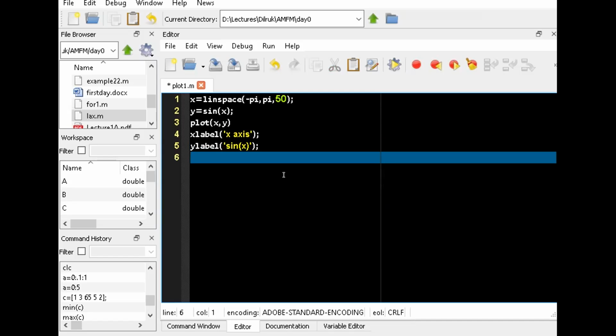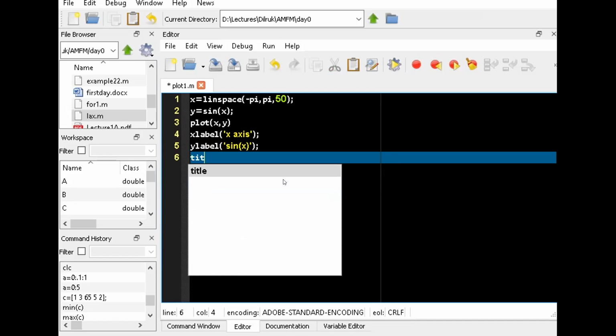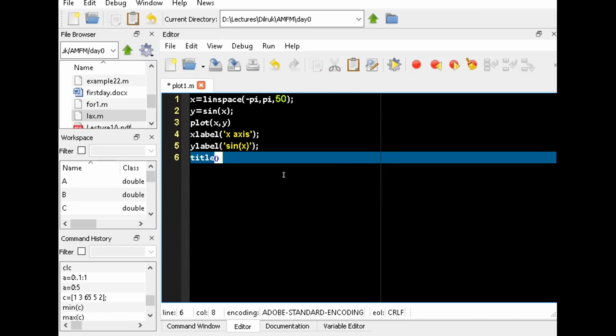And you can give a title, right? You know these things, right? I don't remember title. I think title, yeah, title inside the quotation marks. I'm not sure, single quotation, right?